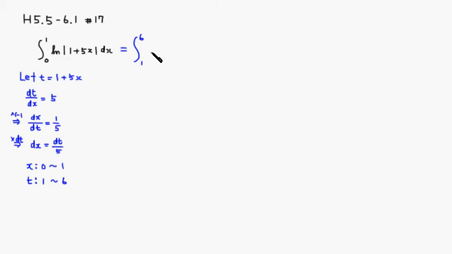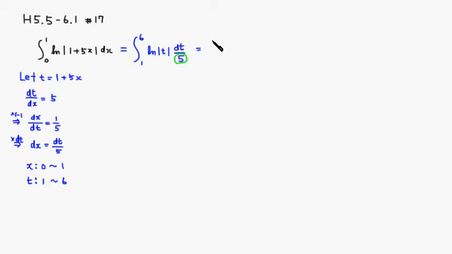All right, this is natural log of absolute value of t. And dx is the same thing as dt over 5. So I'm going to put 1 over 5 outside of the integral.